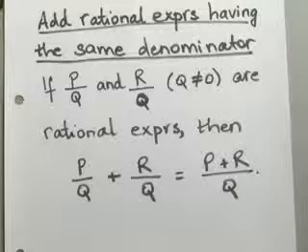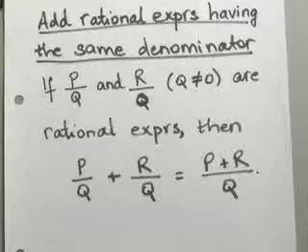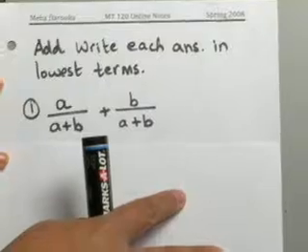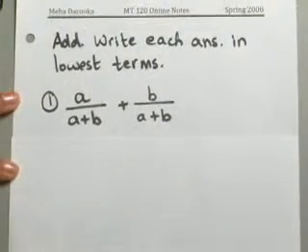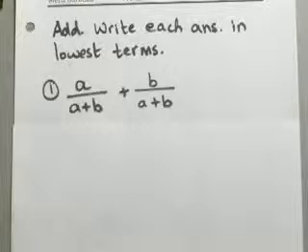So let's go ahead and start our addition here with just some basic examples. Okay, so we'll start by adding rational expressions that have the same denominator, and let's say we have this example here: a over a plus b plus b over a plus b.